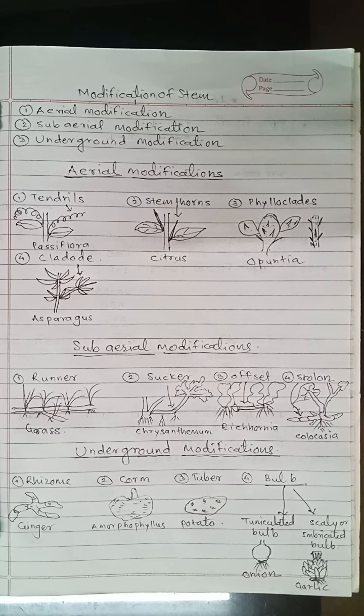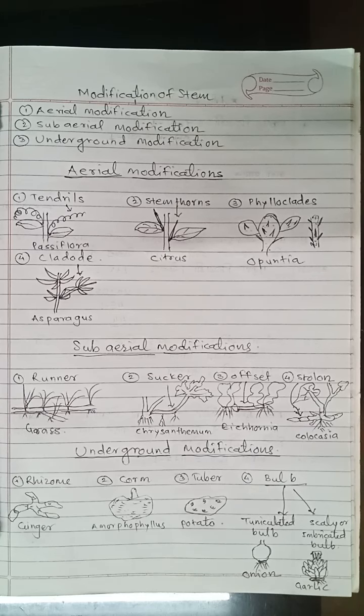There are many advantages for the underground stems. The underground stem can be identified by the presence of nodes, internodes, scale leaves, buds and branches.